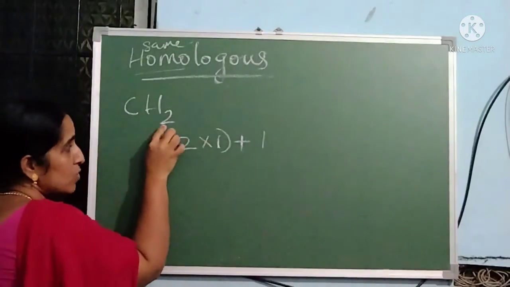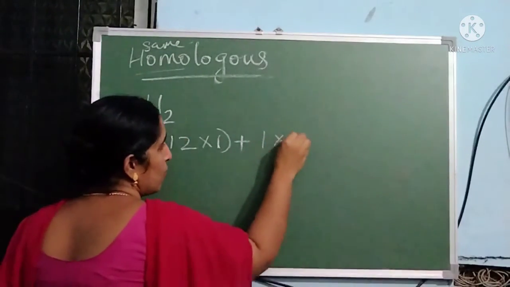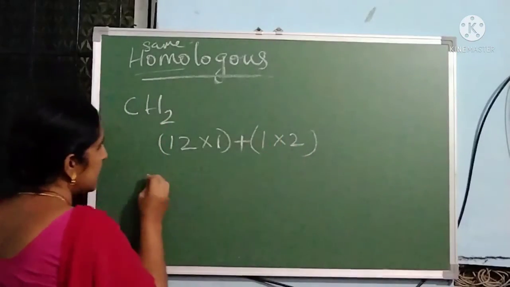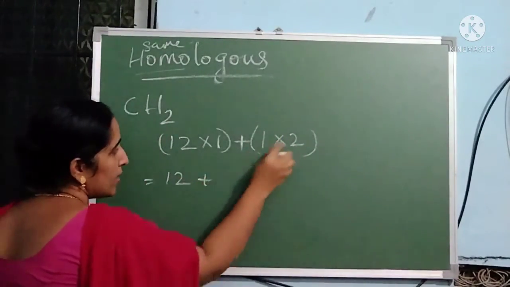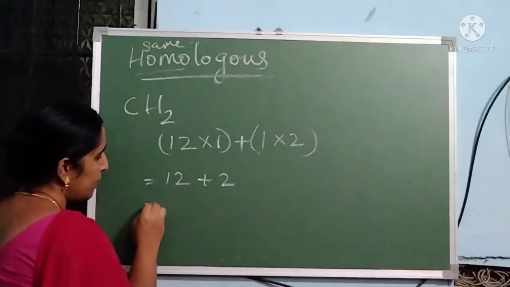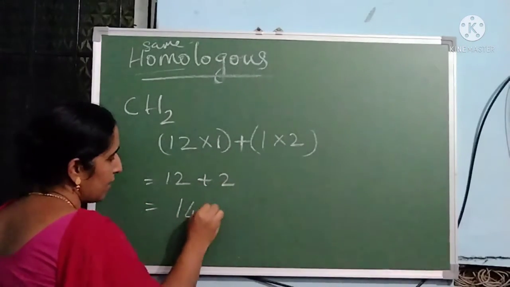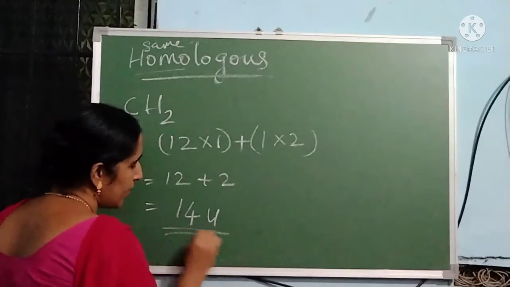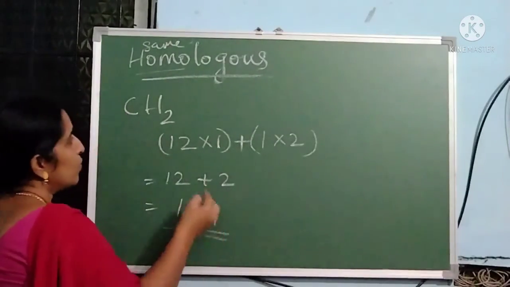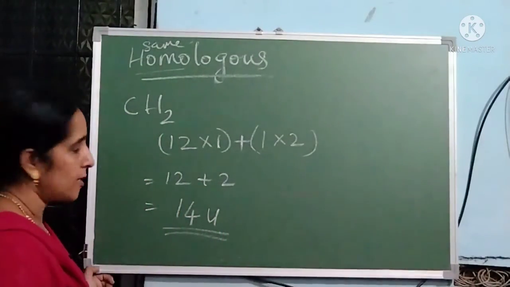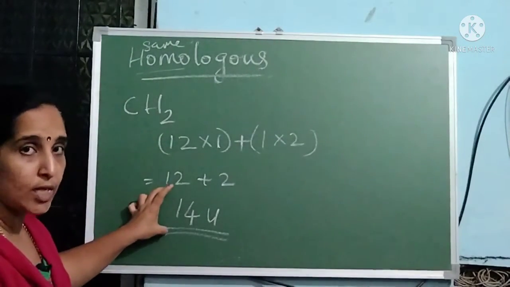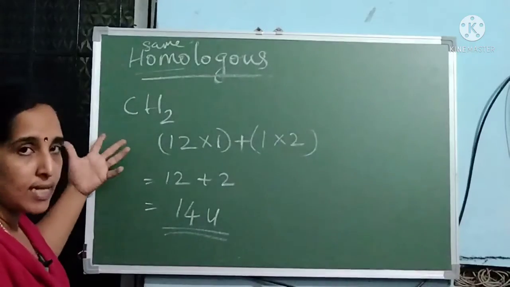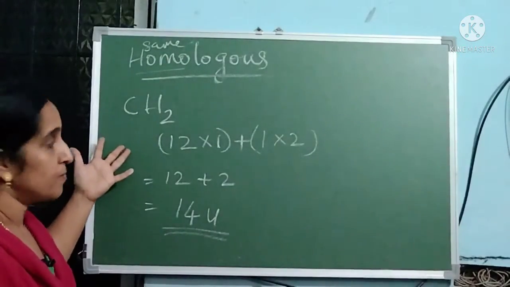Here the number of atoms is 2, so 1 into 2. That is 12 plus 2, which equals 14 u. What is u? u is the unit of molecular mass. So the molecular mass of the CH2 group will be 14 u. This is the second chemical property.